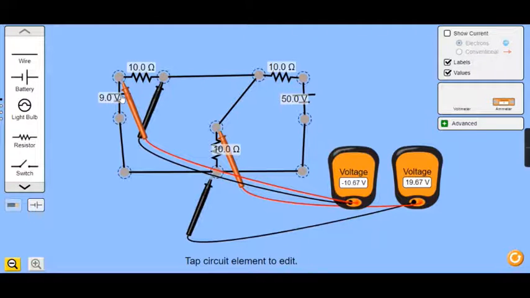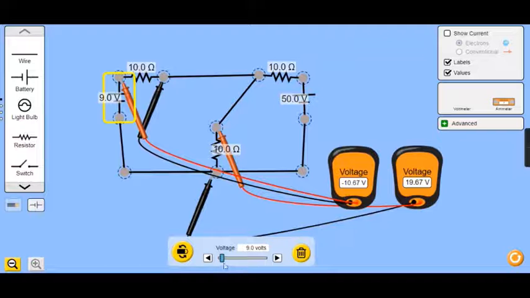If you want to check it for different values, you try to increase the voltage here. We have 100 volts here. If you see the voltage drop across this, we will get 50 volts, and the voltage drop across this we will get, both are positive. So adding these two, 50 plus 50, we will get 100 volts.